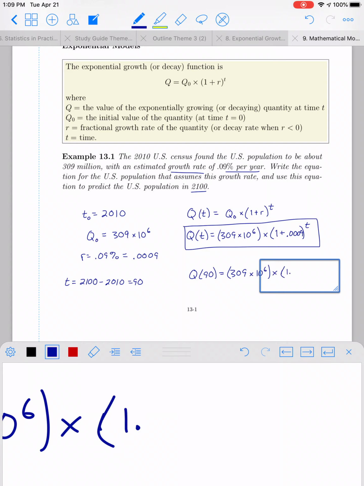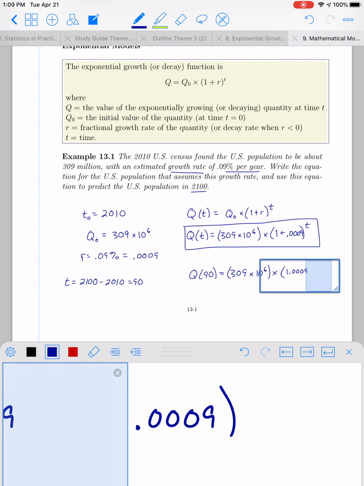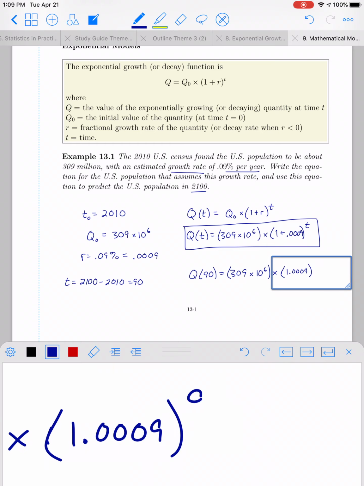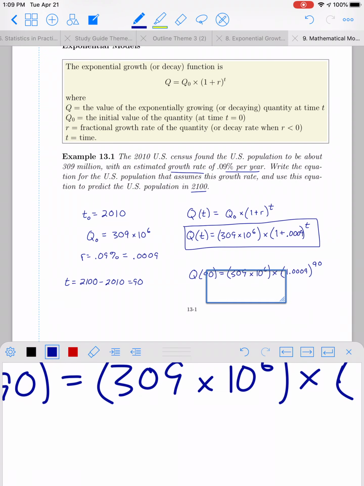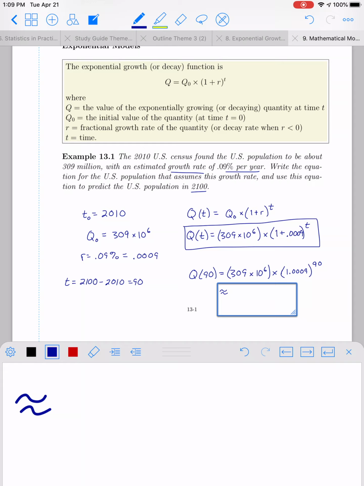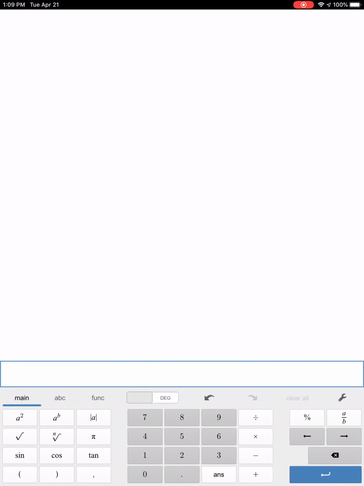1 plus 0.0009 is this. We're raising this to the 90th power. We're using this model now to predict a population or approximate a population 90 years into the future. And once we plug all this into a calculator, let's see this one time around.